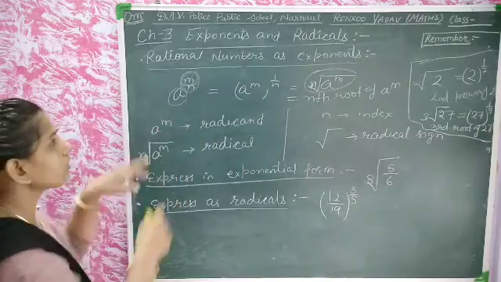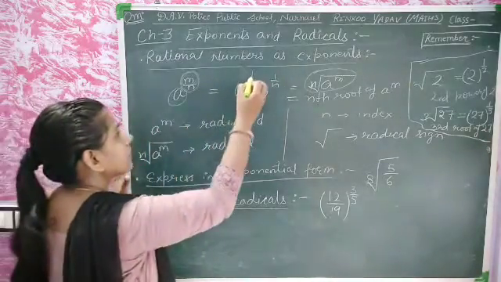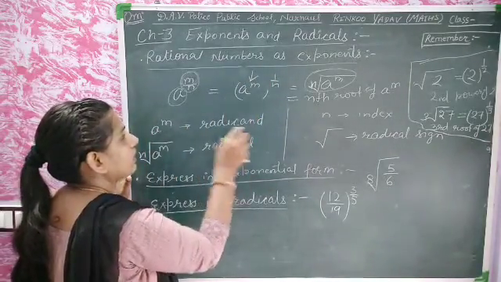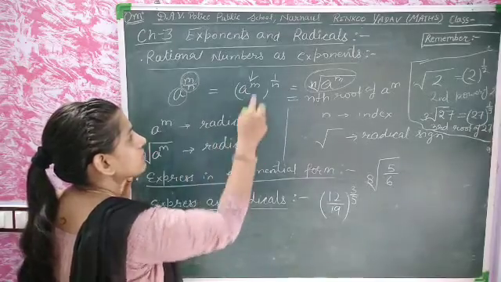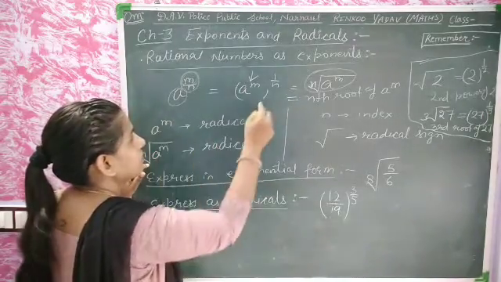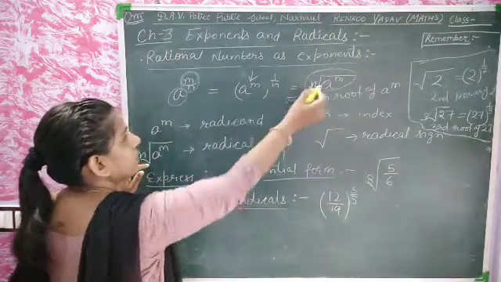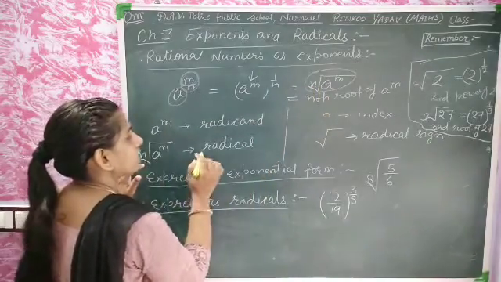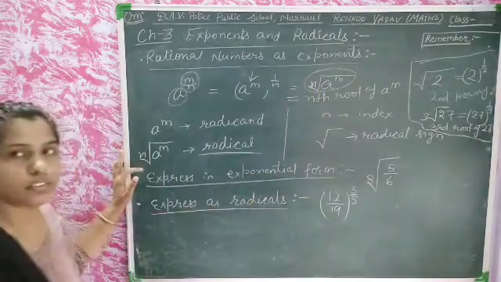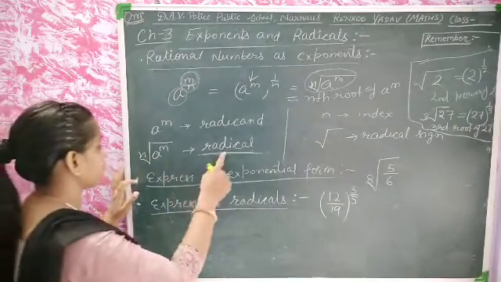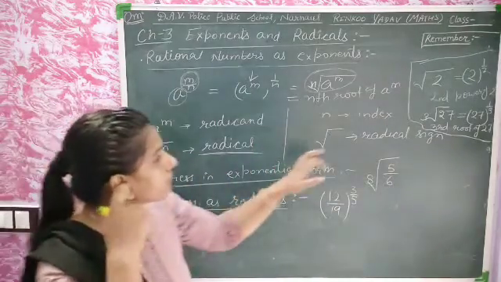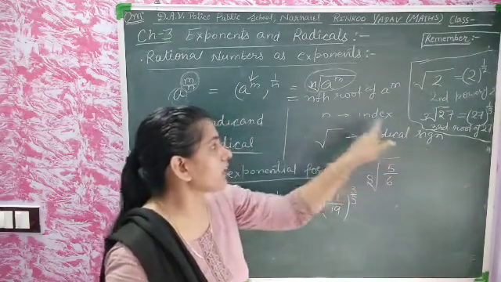So students, this is called the radicand, and this completely, with the radical power, is called the radical. Is this clear, students? This sign is called the radical sign.